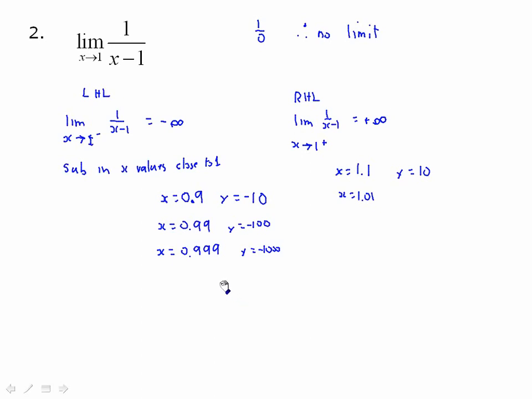So even though we already knew the answer to this question, we can note it again. The left-hand limit does not equal the right-hand limit. So therefore, no limit as x approaches 1.